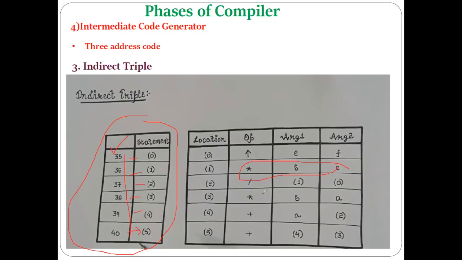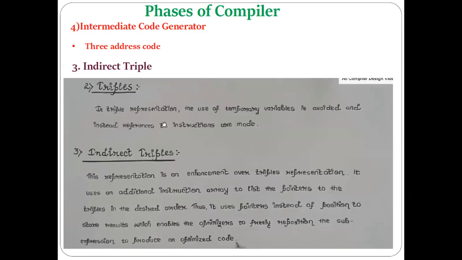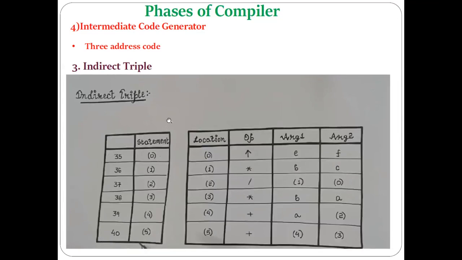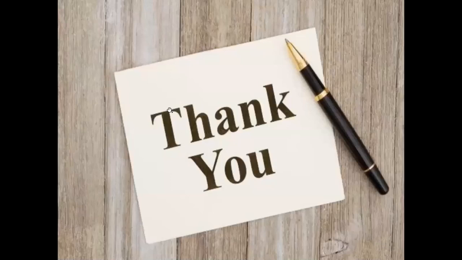Because of the use of pointers, accessing this expression and its result becomes easy in the indirect triple. Out of these three, quadruple, triple, and indirect triple, the indirect triple is considered the most popular and most utilized representation for the three address code.